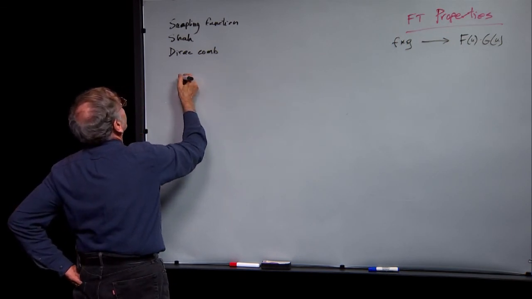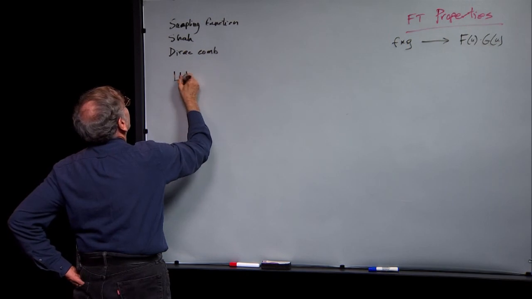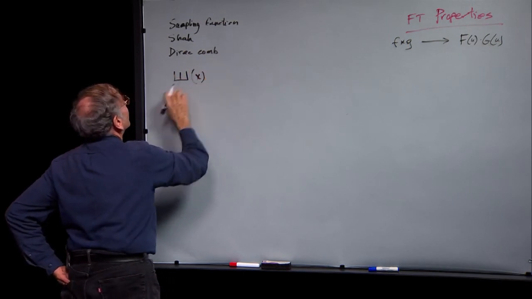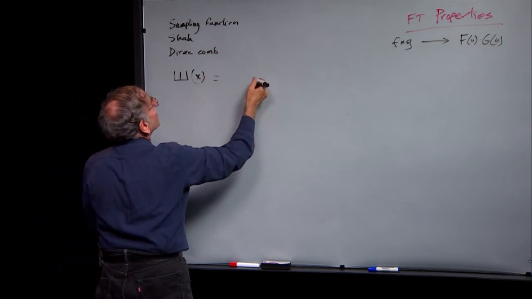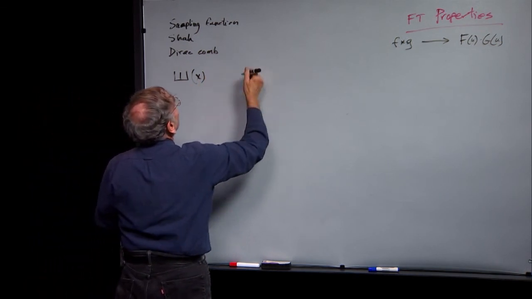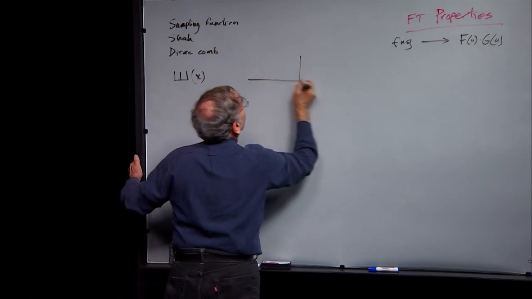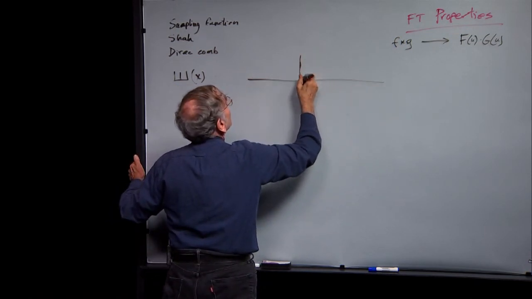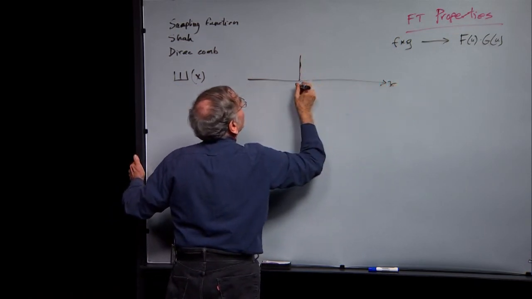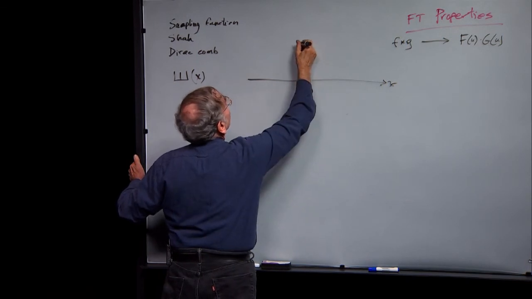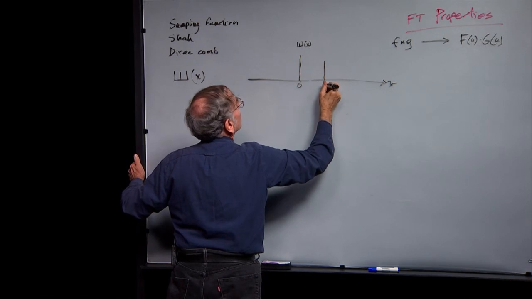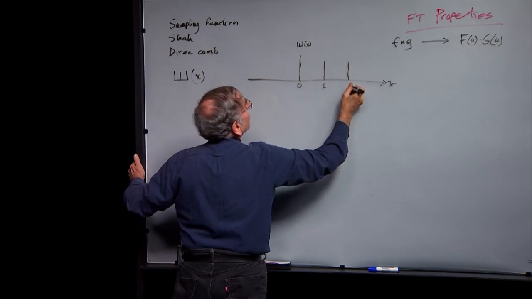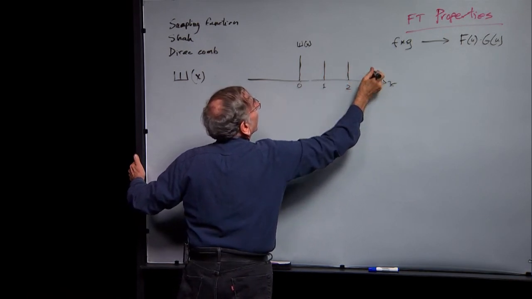I'll just show you what it is. So this thing, I'm going to call Shah of x. Shah is the Russian letter that kind of looks like what the function looks like, as you'll see in a minute. Shah of x looks like this. There's a delta function at x equals 0. There's a delta function at x equals 1. There's a delta function at x equals 2, and so on.